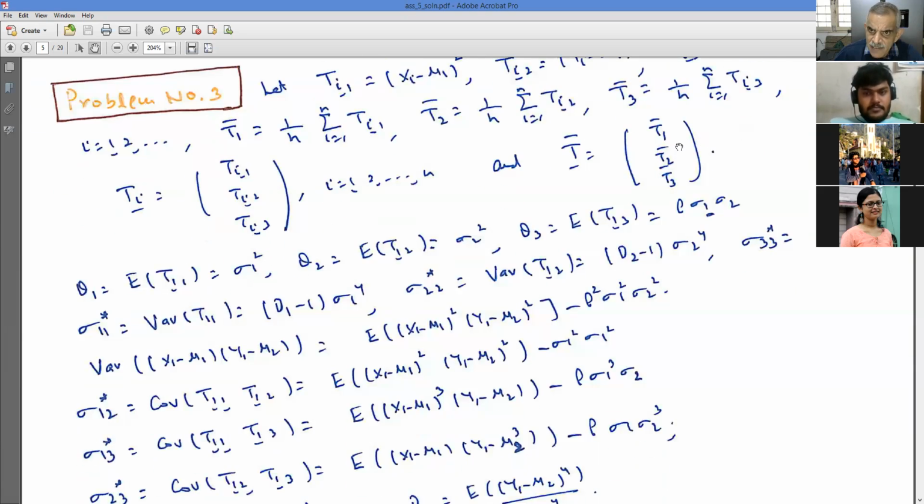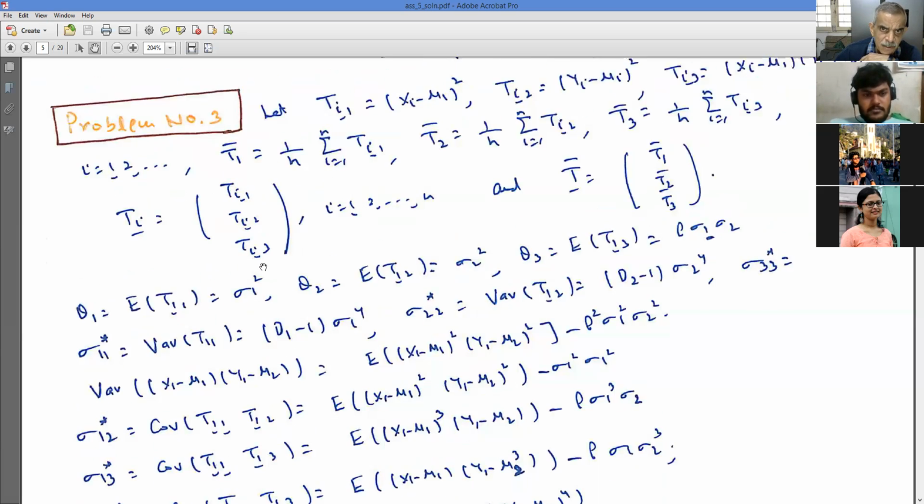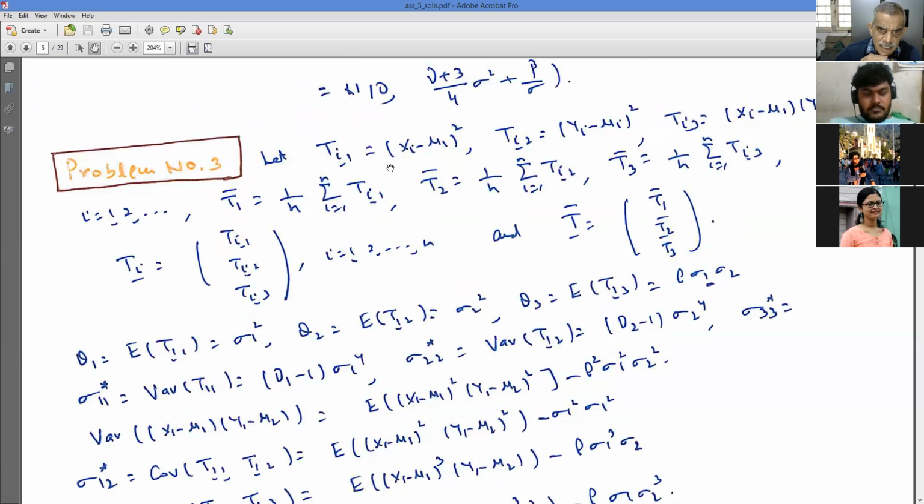So the T bar vector I have known as (T bar 1, T bar 2, T bar 3). So theta 1, which is the first component, is the expected value of Ti1. Expected value of Ti1 is nothing but expected value of (xi minus mu1) whole square, which is nothing but sigma 1 square. Is that okay? Now the mean of the second component, theta 2, which is Ti2: expected value of Ti2 is nothing but expected value of (yi minus mu2) whole square, which is nothing but sigma 2 square.